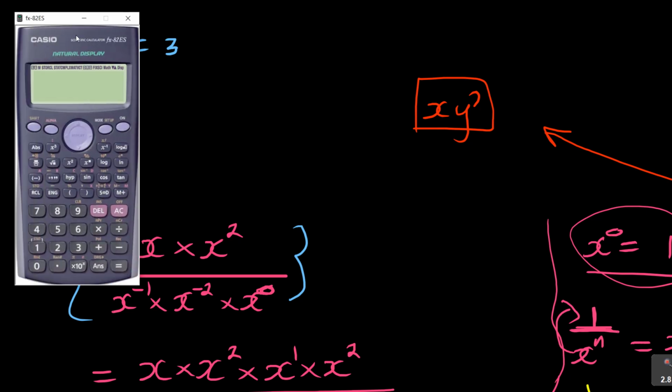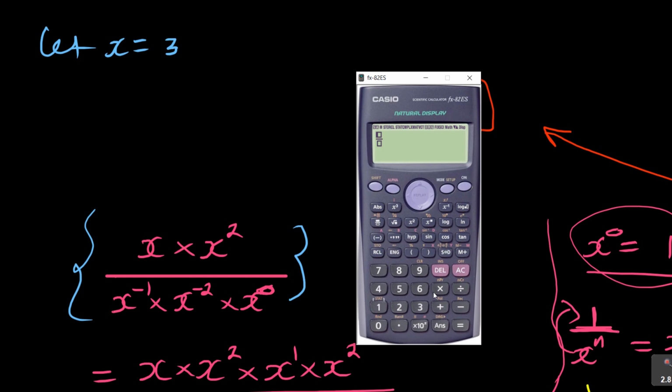We're going to apply 3 here to say the first one is 3 times 3 squared over 3 to the power of negative 1 times 3 to the power of negative 2, times 3 to the power of 0. This is what we have.